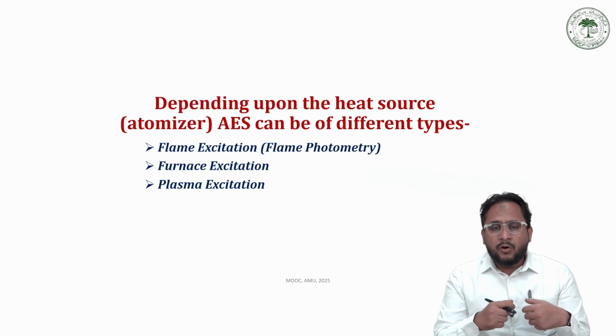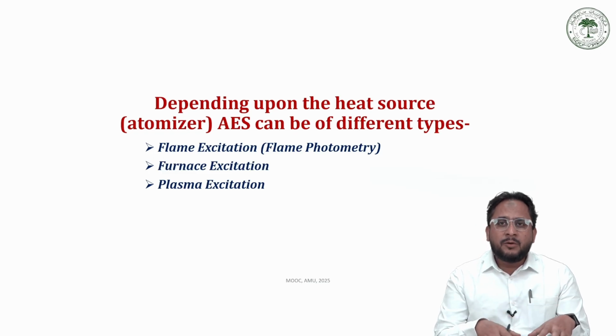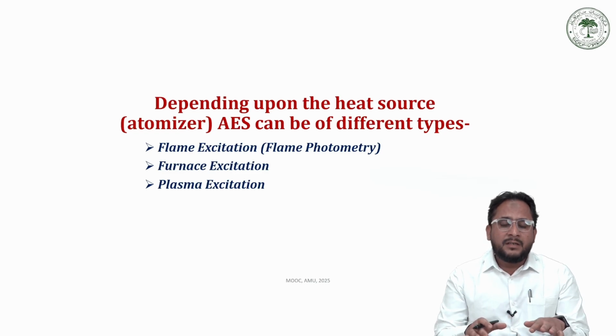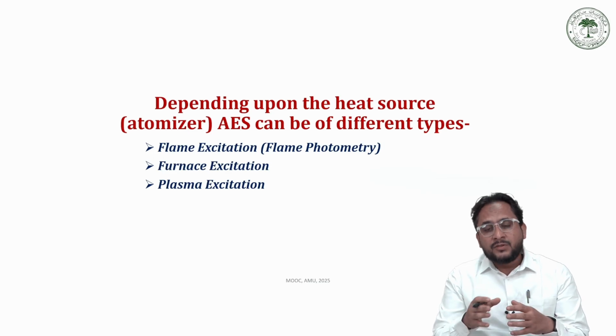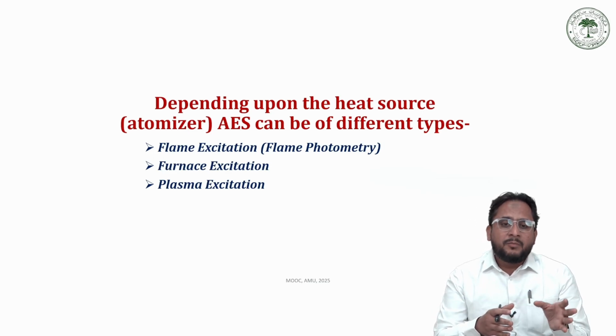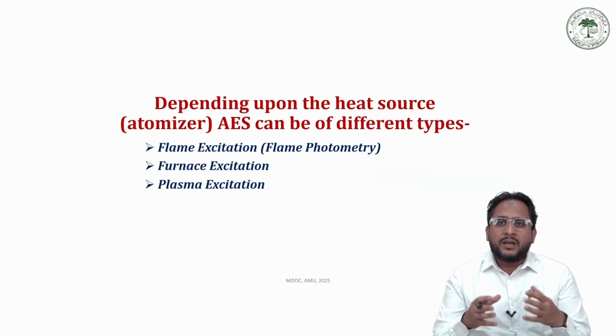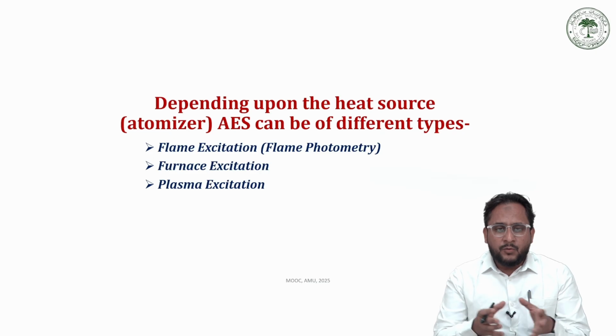Therefore the atomizers used in atomic emission spectroscopy are of very high power, so that they can achieve very high temperatures that are not required in atomic absorption spectroscopy. And there are three types of atomizers or excitation sources used here.